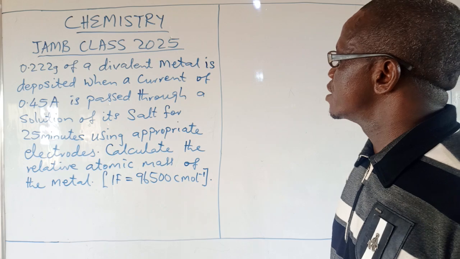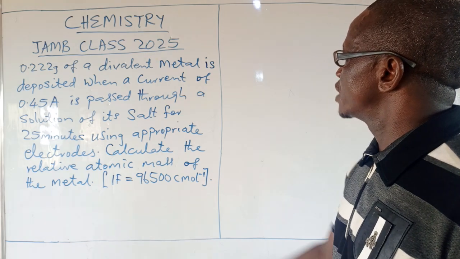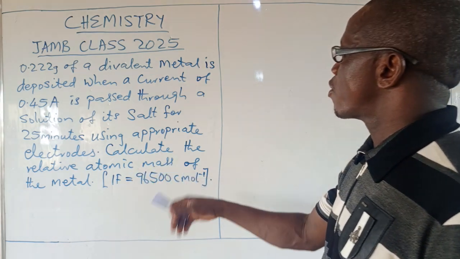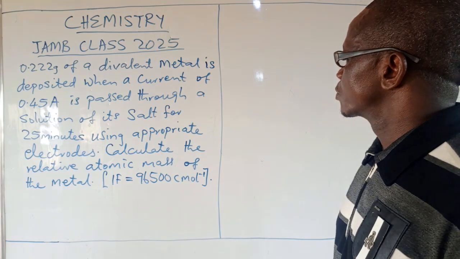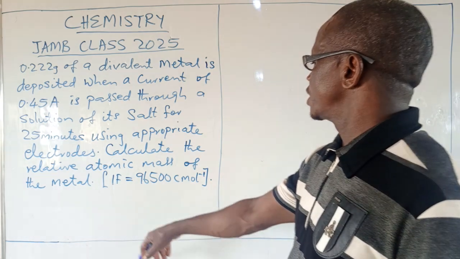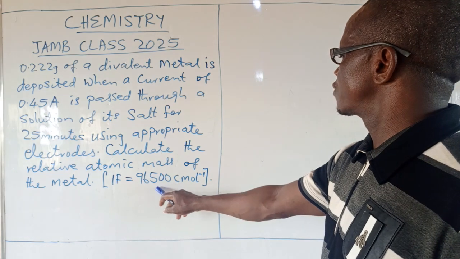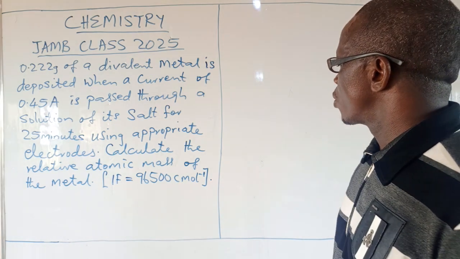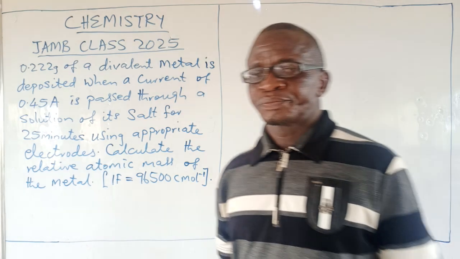Calculate the relative atomic mass of the metal. They have given you 1 Faraday to be equal to 96500 coulomb per mole.